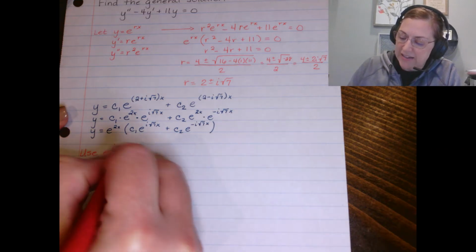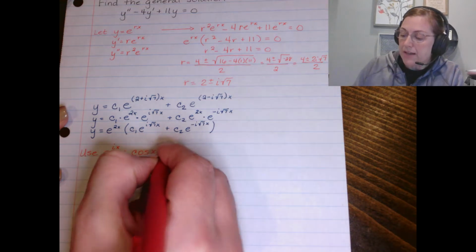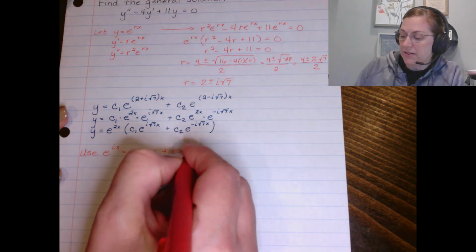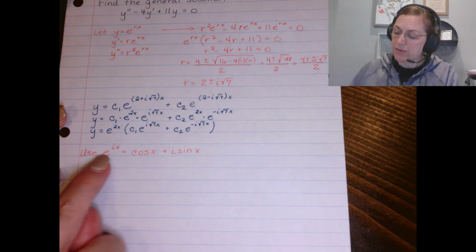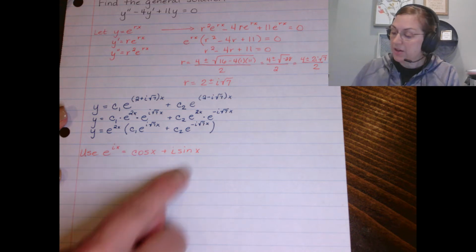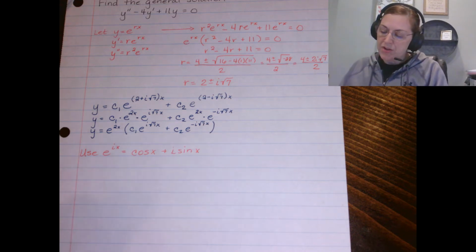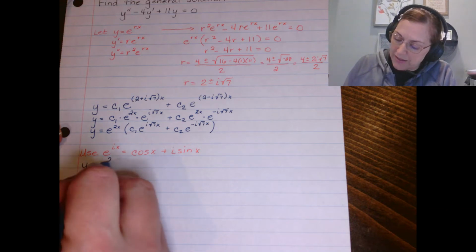Okay. So next, when we have complex solutions, we're going to use the formula that e to the ix is equal to cosine of x plus i sine of x. So I'm going to use this property for this e, and I'm going to use it for the other one as well. What that looks like is y equals e to the 2x on the outside.